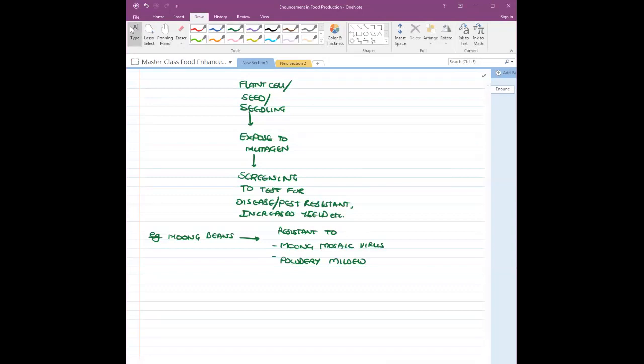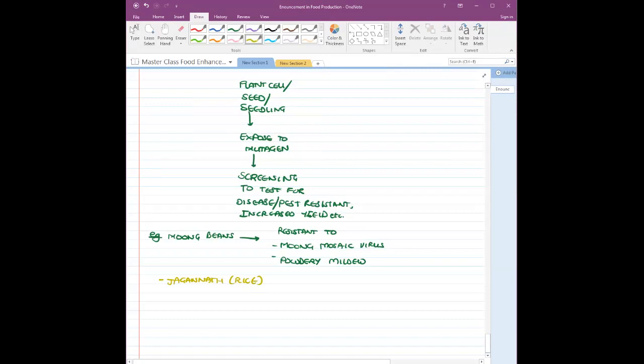The next one we are going to talk about is Jagannath rice. Another one we have is the Jagannath variety of rice.